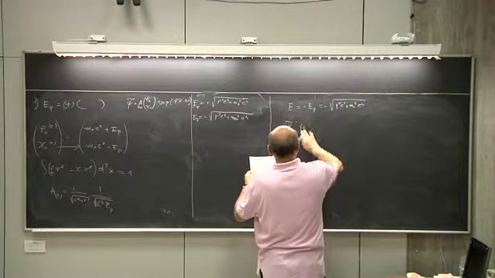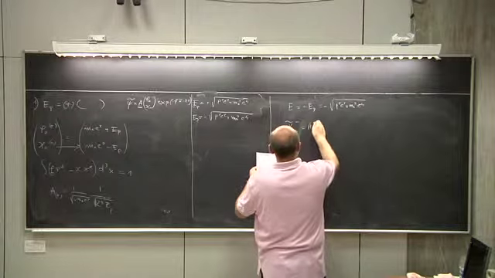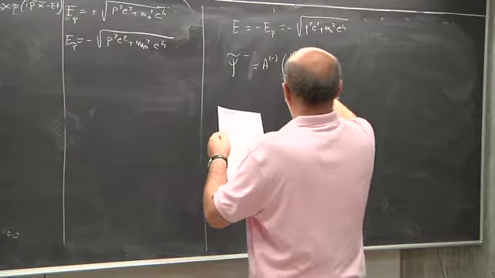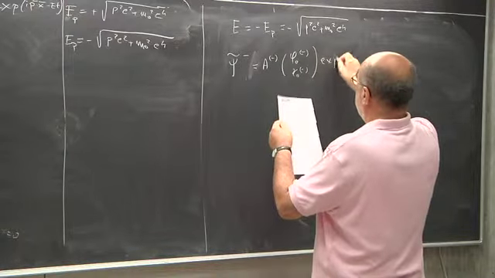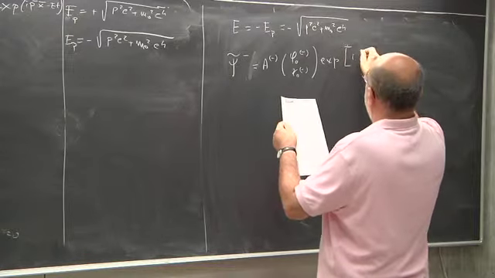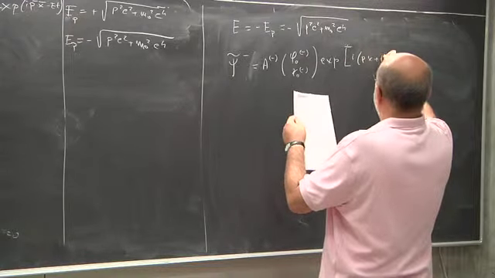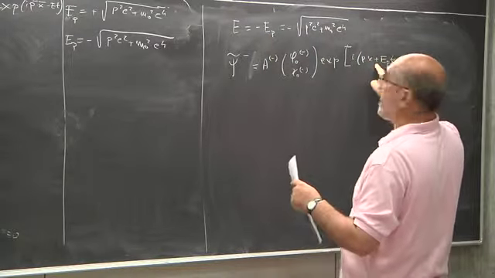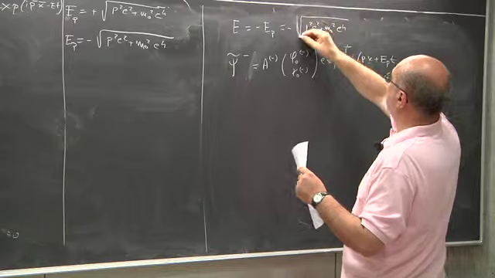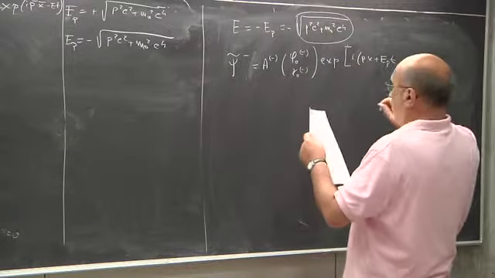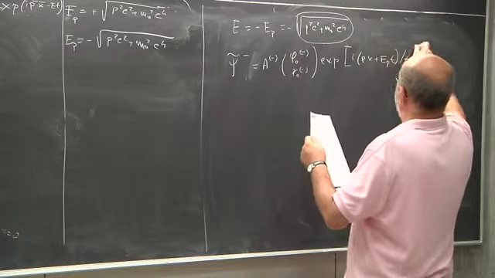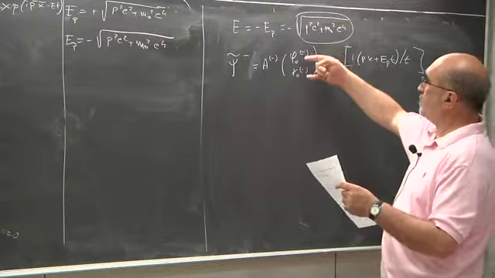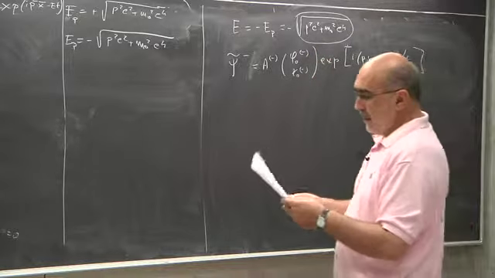It will be an A minus, then phi 0 minus, chi 0 minus, exponential of i(E_P t plus p x), where E_P is the positive part, so it becomes a minus, and E_P is this thing over h bar.